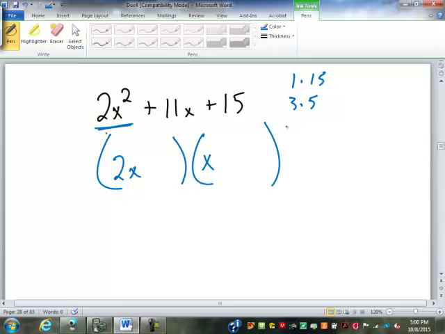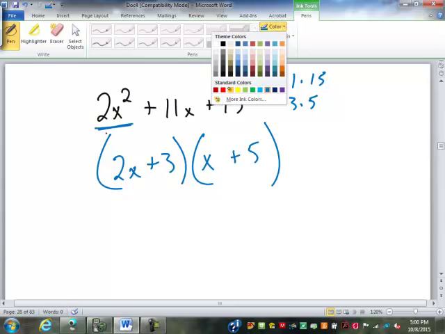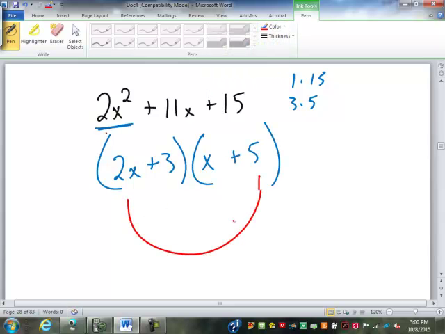Let's try the 3 times 5. So 2x times 5 is 10x. 3 times x is 3x. That adds to make 13x. That's not what we want.